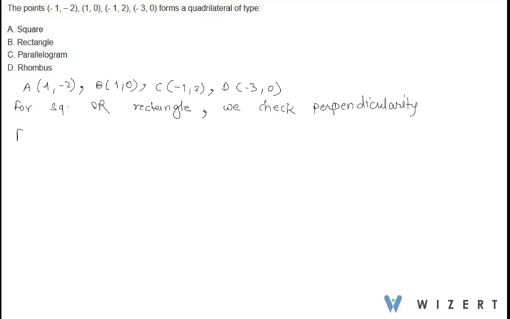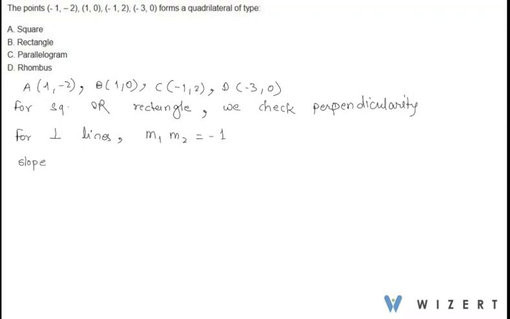Now we know for perpendicular lines, the multiplication of slopes is -1. Using this, AB should be perpendicular to BC, BC should be perpendicular to CD, CD should be perpendicular to AD and AD should be perpendicular to AB.